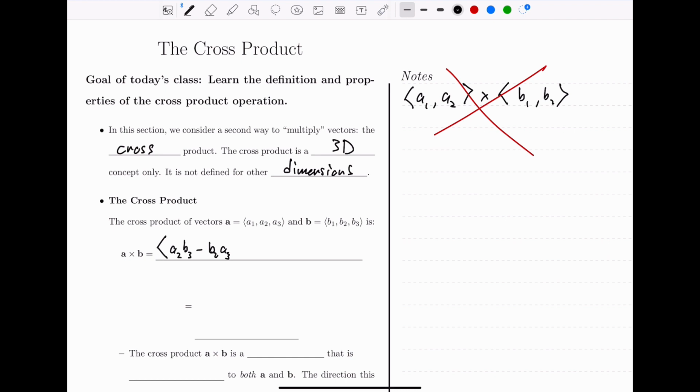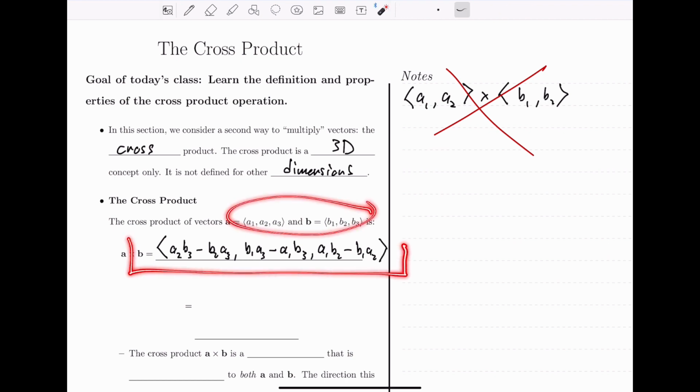The second component is b1 times a3 minus a1 times b3. The third component is a1 times b2 minus b1 times a2. The cross product of two 3D vectors is another 3D vector, and this is how we choose to define it.